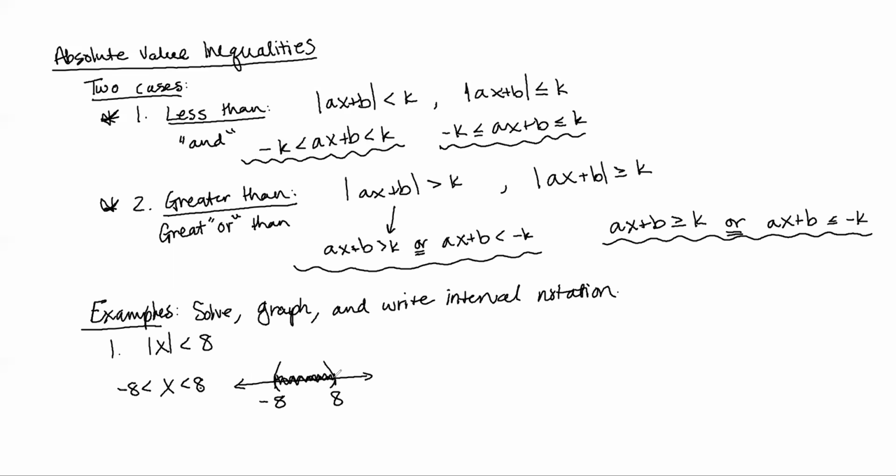Now, let's do the interval notation, then we'll take a look back at one of those first examples we saw. Our interval notation, going from the furthest left to the furthest right, we're going to start at -8 with a parenthesis, comma, the furthest right we go is 8 with another parenthesis.